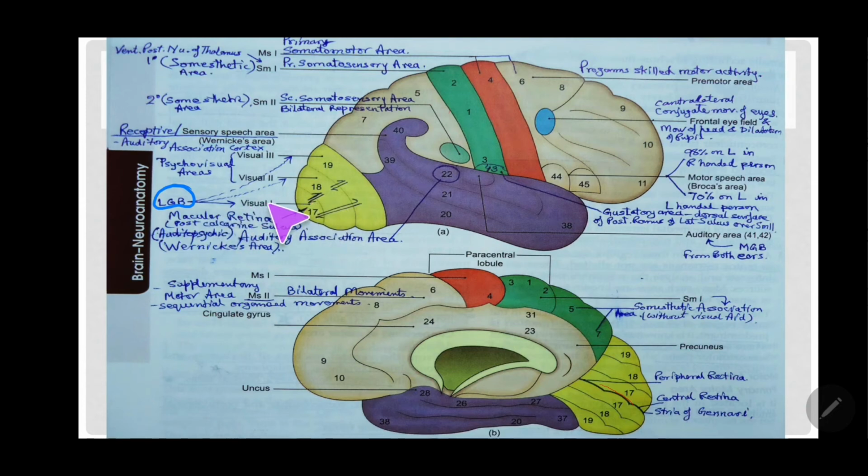Part of the optic radiation also directly reaches area number 17. Part of the optic radiations also reaches directly into area number 19. Got it? That's important. Okay, then what will be the purposes of these areas?